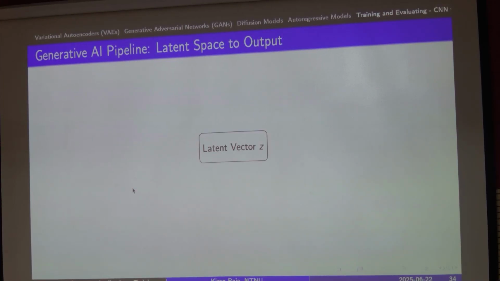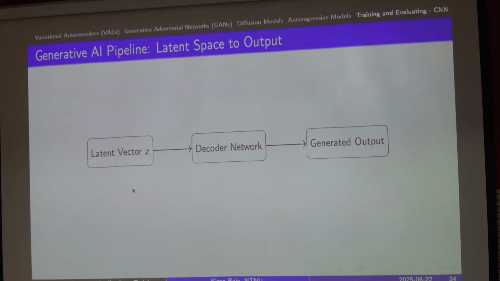Okay, so now we have an idea about how the CNNs are trained and how the loss is being propagated in the backward manner. So what happens in the case of the generative AI pipeline? You have this latent vector, then a decoder network, and then a generated output, right? Very simply put, these are the three blocks in the network.